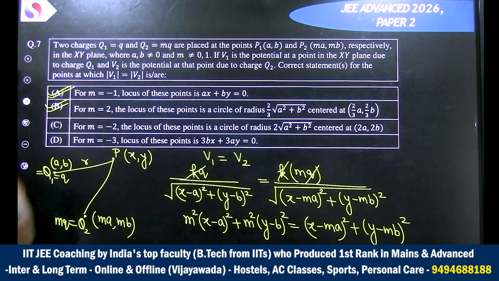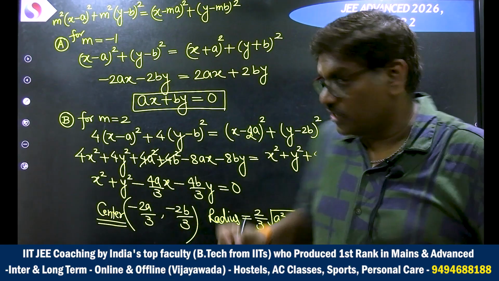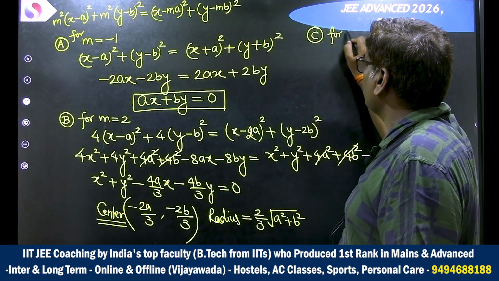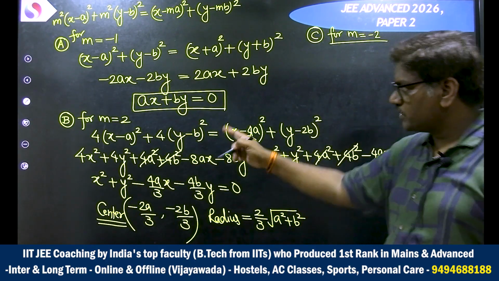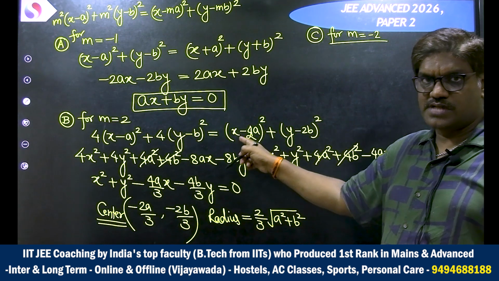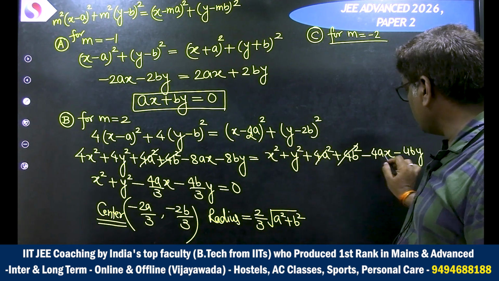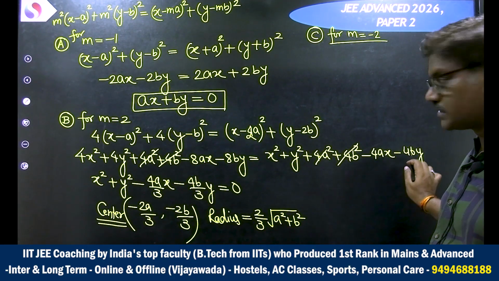Now C. For option C, we have to put now the value as minus 2. So for C, M value is given to you as minus 2. So there is not much change. Plus 2, this is also 4, this is also 4. Only these terms will be plus, that means only this sign will change. 4ax and 4by signs will become plus.